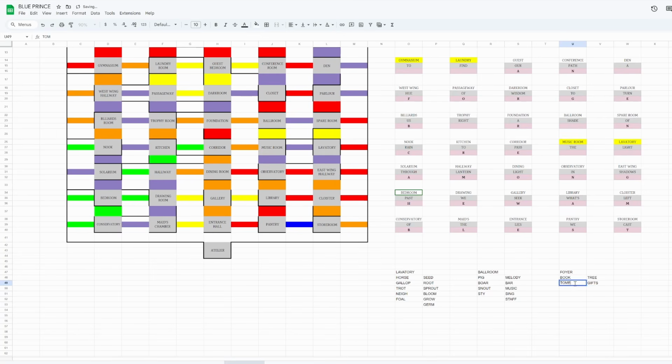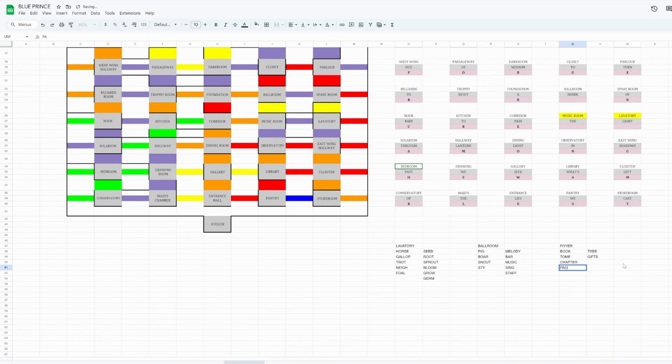The book could be a tome. It could be about chapter. It could be page or pages. This could be celebrate even. This could be Christmas, which I don't think they would do. Foyer. Book.